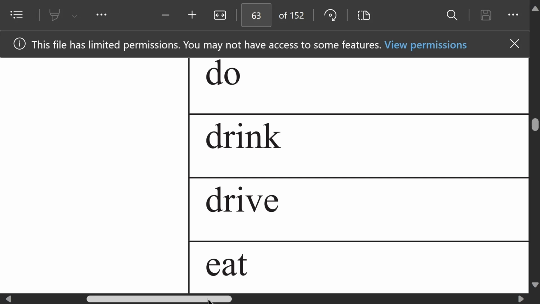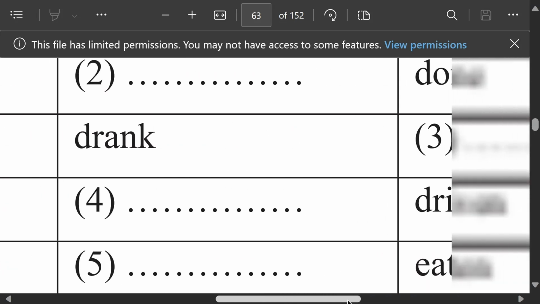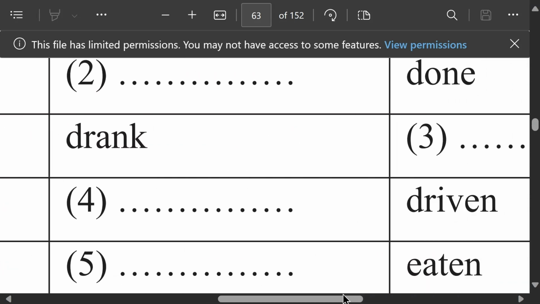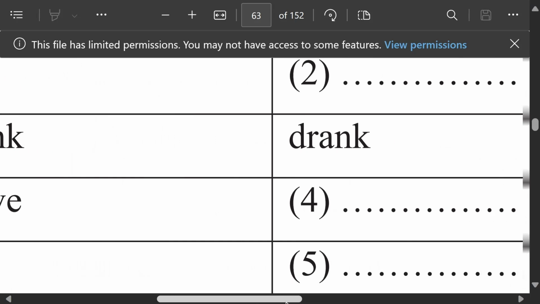Drive, drove, driven. This is a difficult one. Eat: how do you spell it? The spelling is difficult. E-A-T, and then A-T-E, the past. And then the participle with E-N at the end. Eat, ate, eaten. Drive, drove, driven.